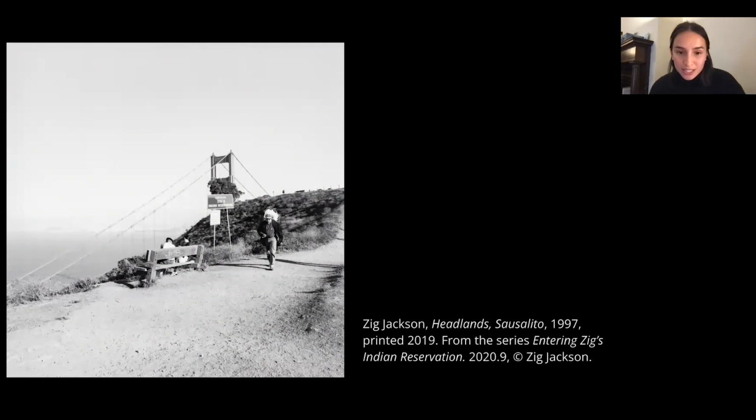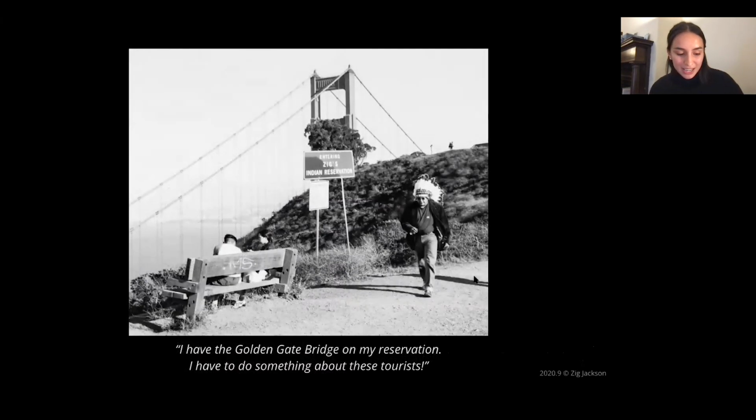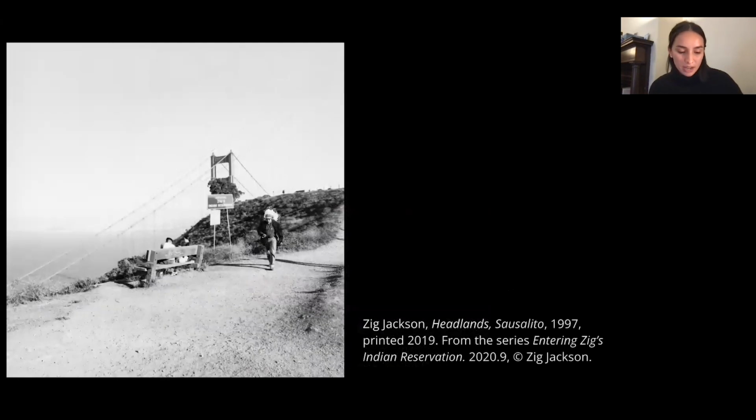You might also notice that Zig Jackson is not alone in the image. On his website, Zig Jackson displays this photo with the caption, "I have the Golden Gate Bridge on my reservation. I have to do something about these tourists." Through this photo series, Zig Jackson reclaims land for himself and for all Native Americans, pointing out the historic dispossession of Native lands.